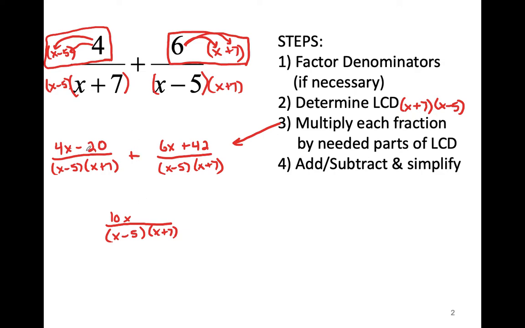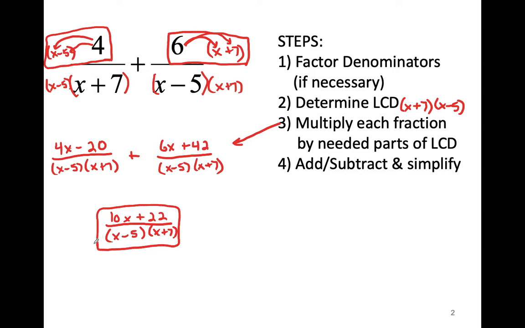And a negative 20 plus positive 42 will give me a positive 22. So now I've combined this all together. I have one fraction. This is all my answer.